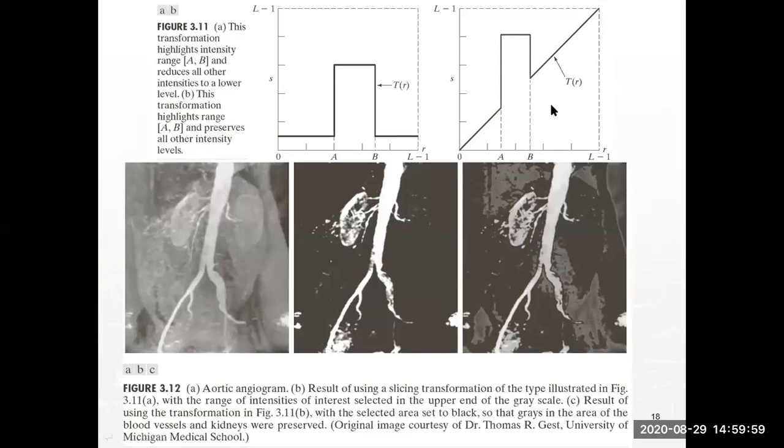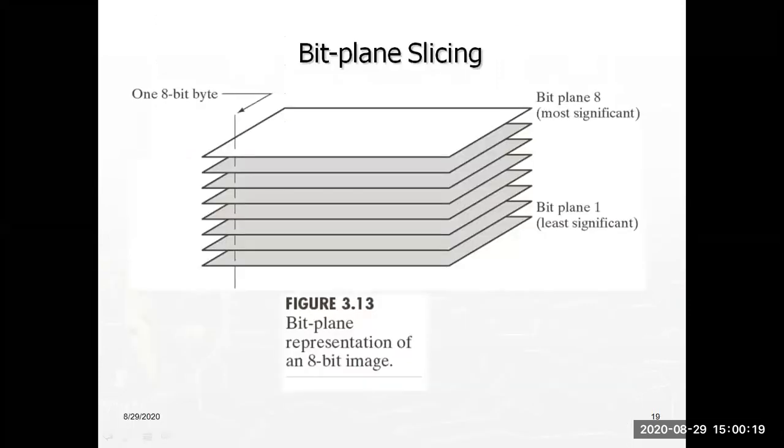Don't change the other pixel values. So the images will look like this. This is the original image, this is the image obtained by applying the first transformation, and this is the image from applying this transformation function. Okay, next one is bit plane slicing.